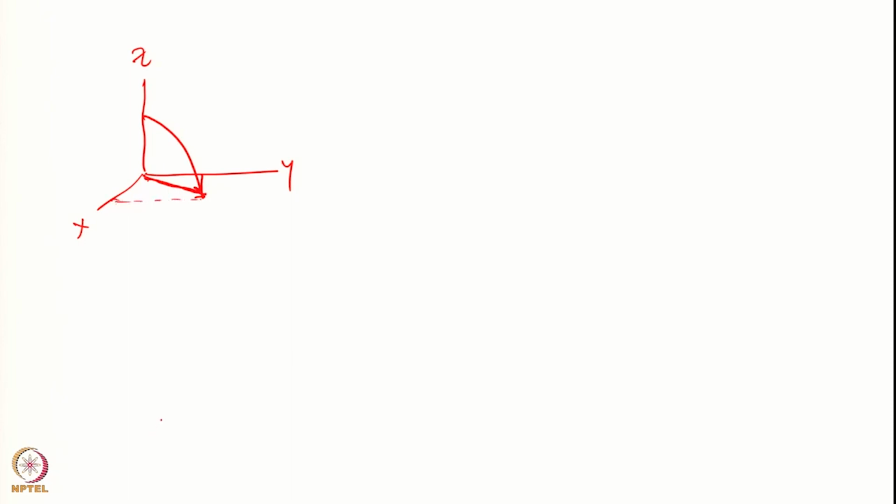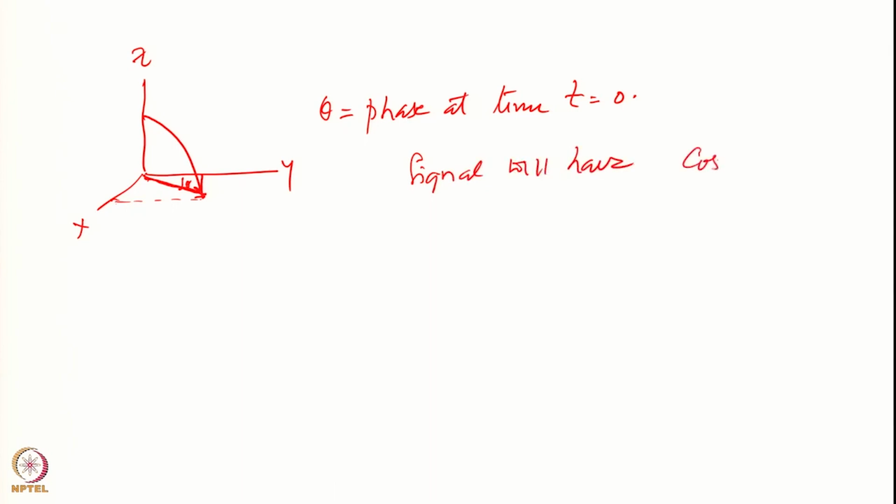If it is not 0 phase, let us say this angle is theta, then theta is the phase at time t equal to 0. In such a situation, your signal will have a real component, which is the cosine omega I t, and also sine omega I t. So, the signal will have both the components.